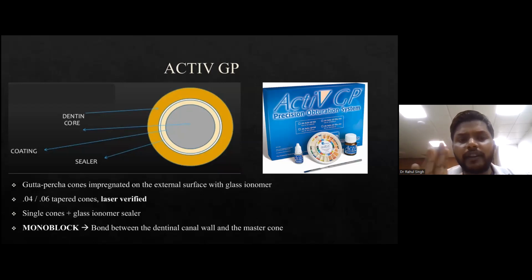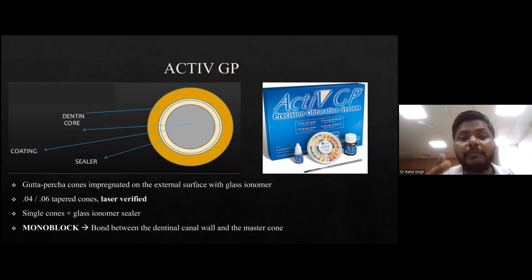If you are using this active GP system, you have to coat your root canal with a GIC sealer and then introduce your active GP. The advantage of this system is that it bonds with the root canal and forms a monoblock, so that there is no leakage.